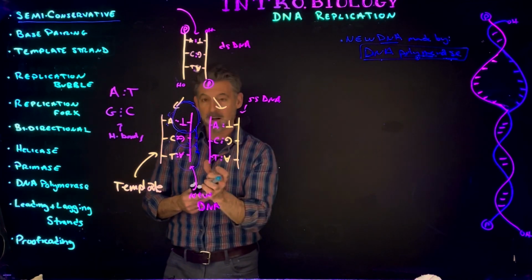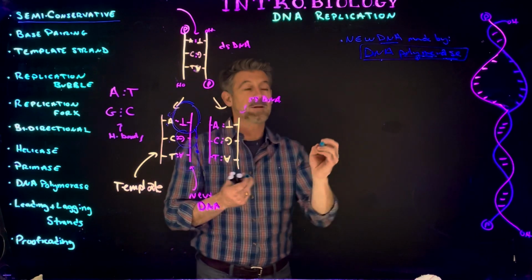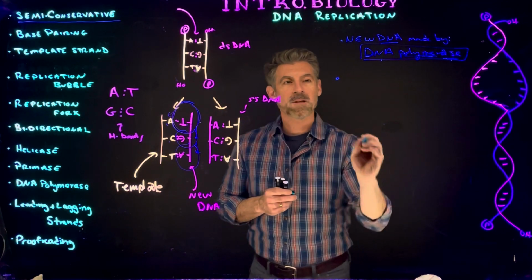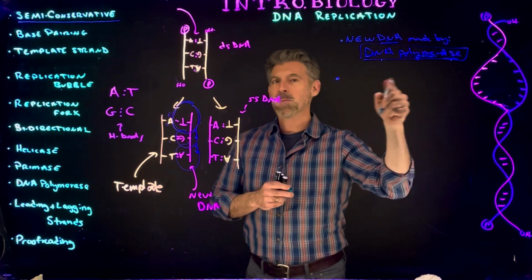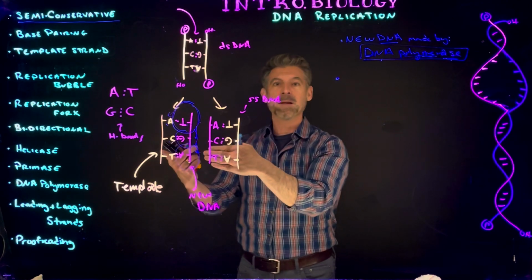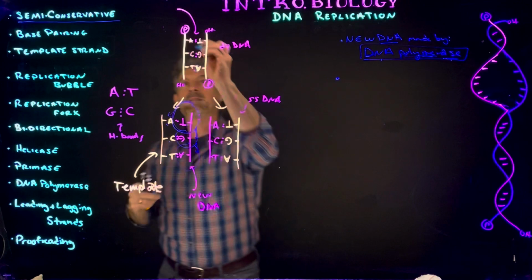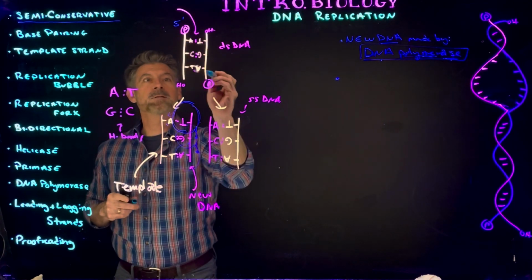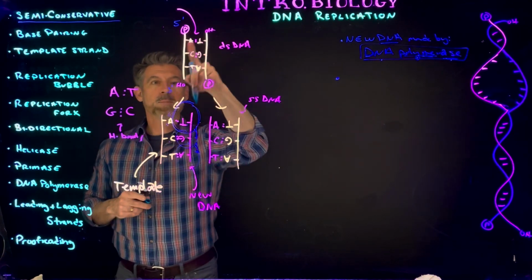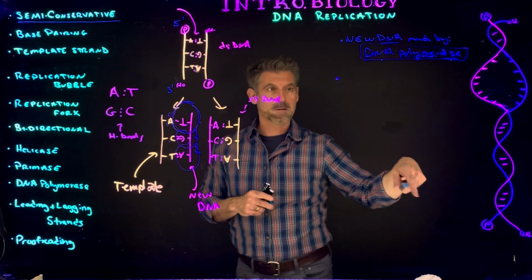So the enzyme's working along. But there's a certain direction, there's certain rules. So first off, the DNA polymerase can only read a template in a certain direction. It can't read it in any direction, right? So we have our 5' and 3' directions based on the phosphate and OH, right?